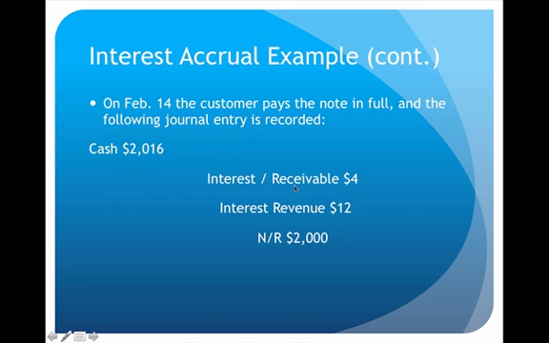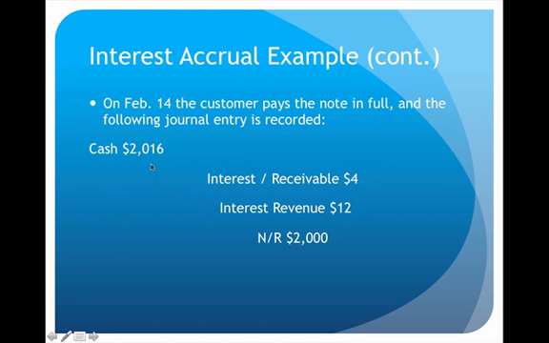Well, now it needs to be a credit because it's no longer receivable. I've received the money. So I actually only want to credit interest revenue for $12, and the remaining $4 goes to the interest receivable. And that way, not only does the journal entry balance, but it matches the interest revenue to the appropriate time period.